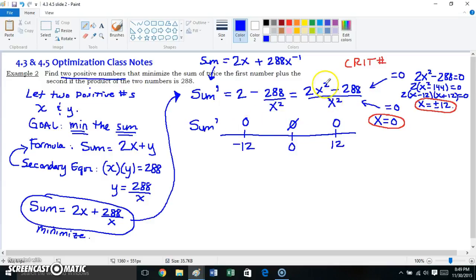I'm going to think about it as a related fourth degree polynomial, x squared times 2x minus 12 times x plus 12.